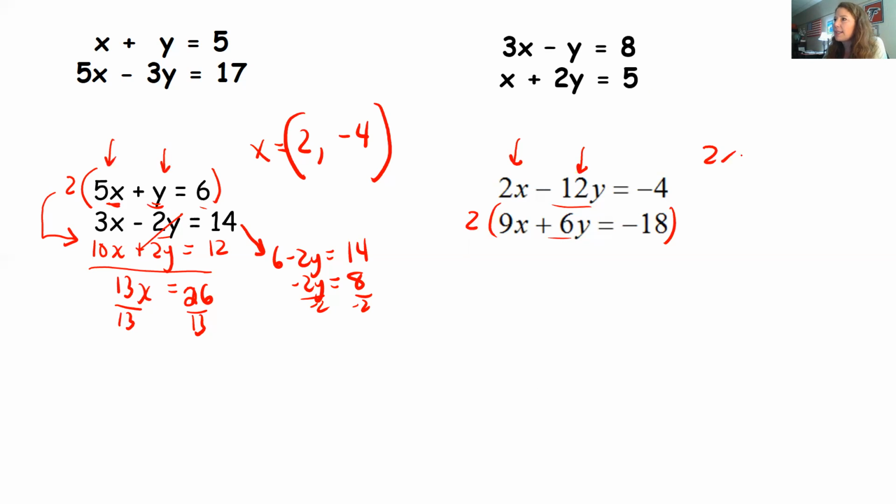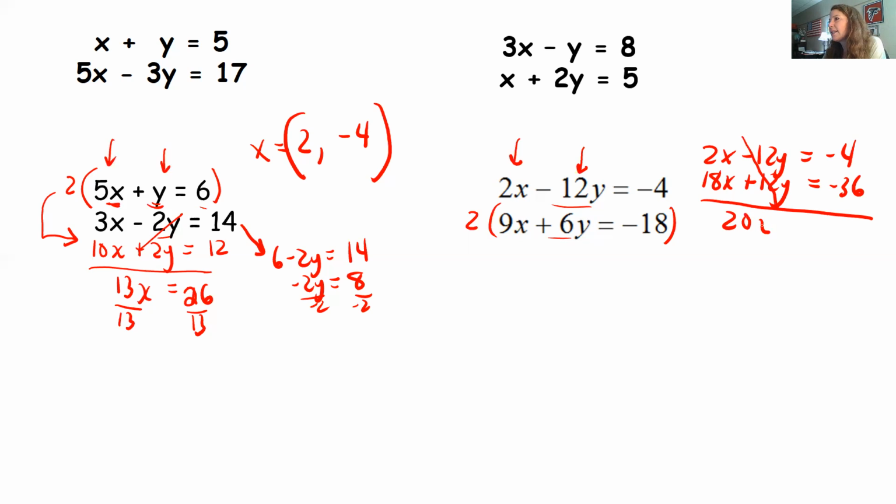So we have 2x minus 12y equals negative 4. And then 2 times 9 is 18x plus 12y equals negative 36, I believe.